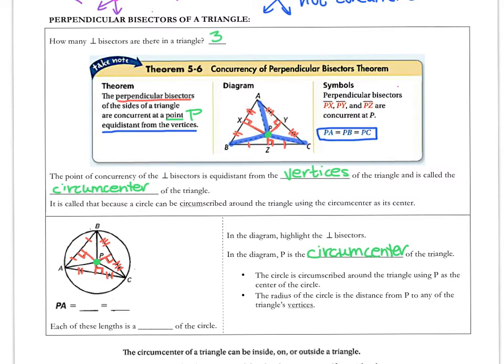And again, the circumcenter is equidistant from the vertices of the original triangle. So P to A, P to B, and P to C would all be the same.